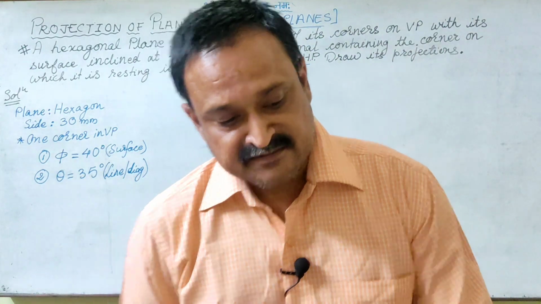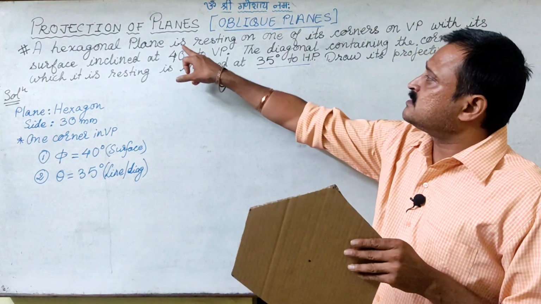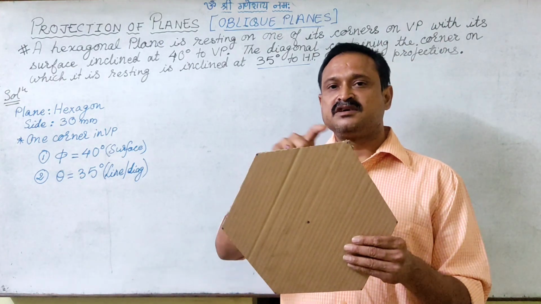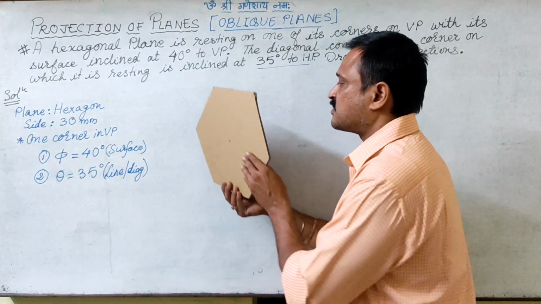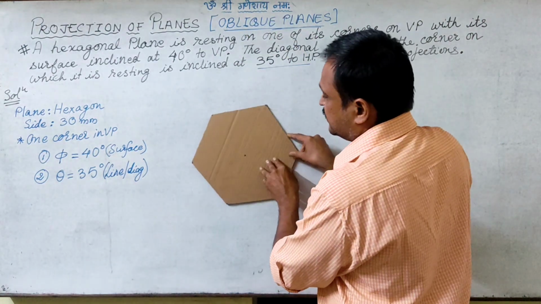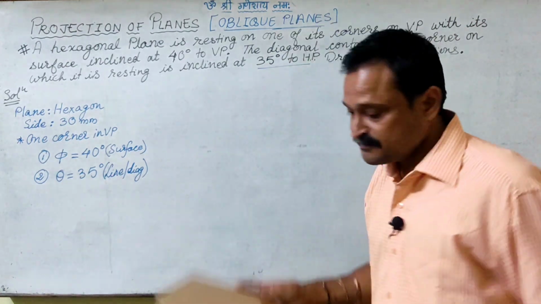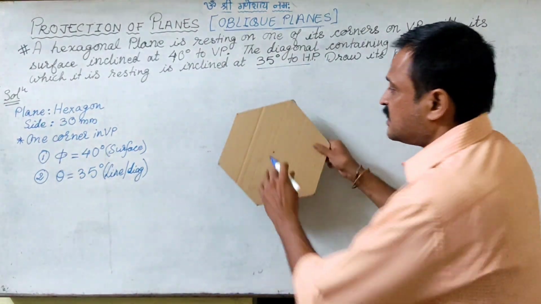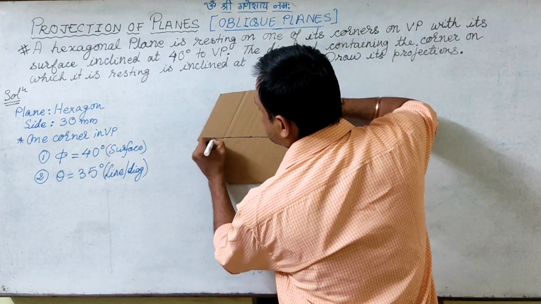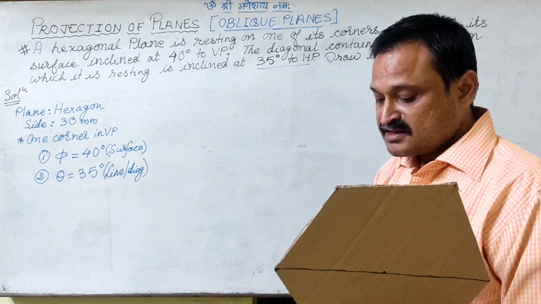To understand, I have this hexagon with me. It is said that a hexagon is resting on one of its corners. A hexagon has 6 corners, so out of these 6, one of the corners is in VP. And the diagonal containing that corner: if this is that corner, then I will be considering this diagonal.